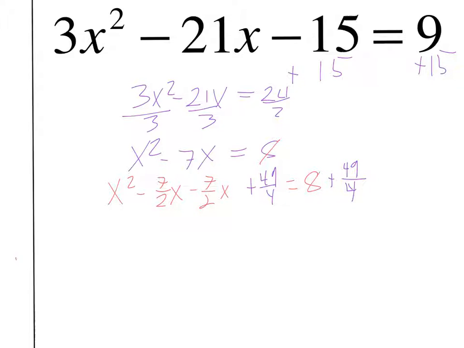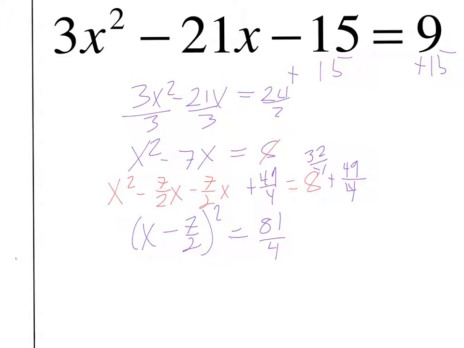Okay. And factor. x minus 7 halves squared is equal to 8, which is 32 over 4. 32 plus 49 is going to be 79, plus 2 more is going to be 81 over 4.